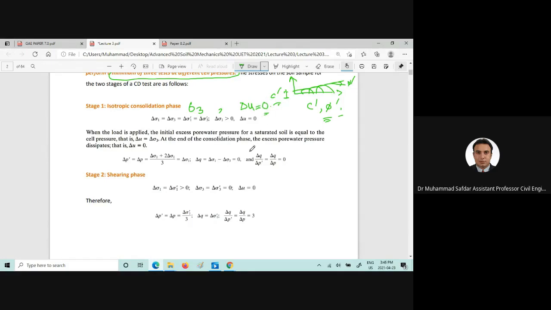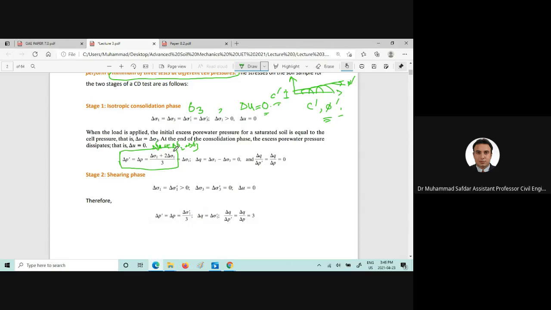Now, if you want to write that in another way, we can simply write that delta sigma P prime, the change in the mean effective stress, will be equal to delta sigma 1 plus delta sigma 2 plus delta sigma 3.